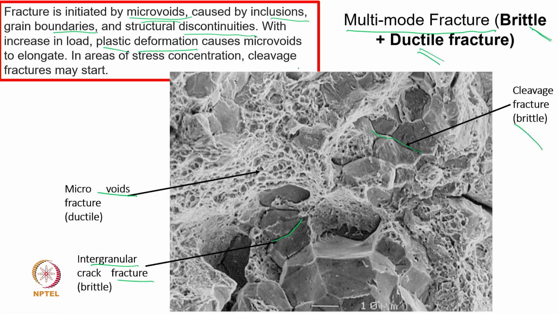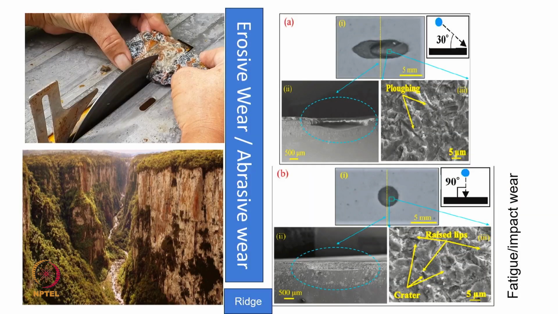That plastic deformation will elongate the microvoids, creating stress concentration near those edges, and then cleavage fracture may occur, or when it comes near the grain boundaries, cleavage fracture will occur. So this is also a multimode fracture, and in my view most failures are multimode fractures. Only the probability of one failure increases compared to the other, and the domination of one kind of failure will be more than the other.